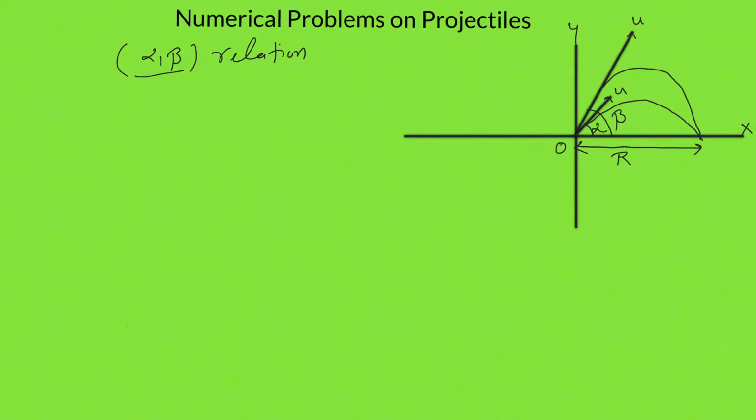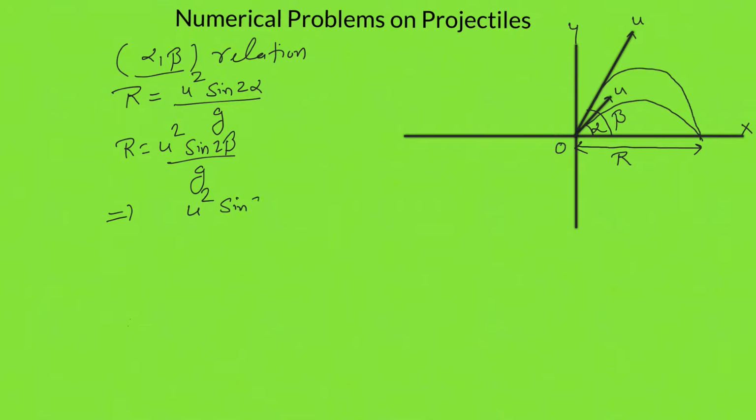We know that the horizontal range is equal to u square sine 2 alpha upon g, and here it is also u square sine 2 beta by g. The horizontal range is the same in both cases, so I may write it like this.